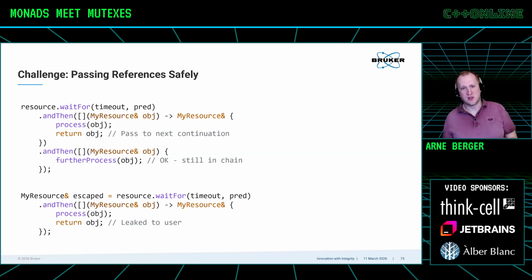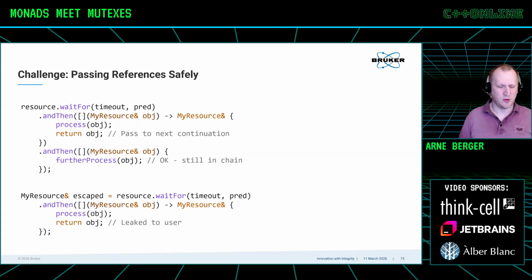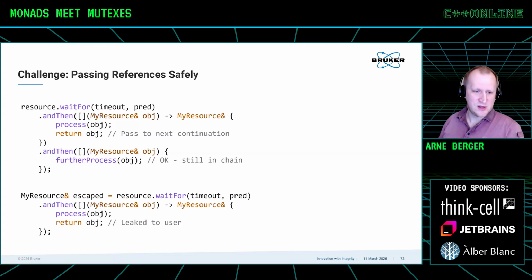And of course, with C++, you could do that anyway. I can just save a pointer captured in the lambda to the outside world. So it's not about making it absolutely impossible to save a reference. I think that's not possible. It's C++. You can always get somehow access to it. But I want to make it hard and mainly not possible by accident.